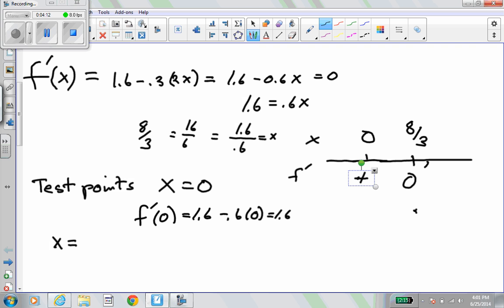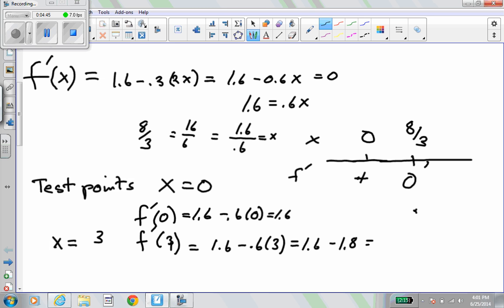Now, on the other side, let's choose a test point bigger than 8/3. That's 2 2/3. So let's pick a test point of 3. Let's evaluate our first derivative at 3. So I have 1.6 minus 0.6 times 3, which will be 1.6 minus 1.8, which is minus 0.2.